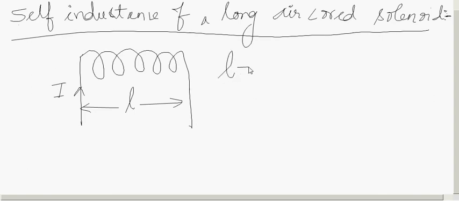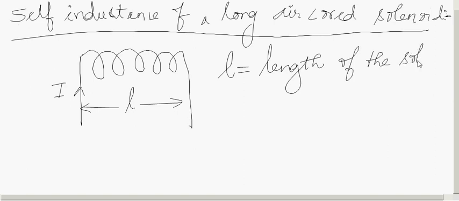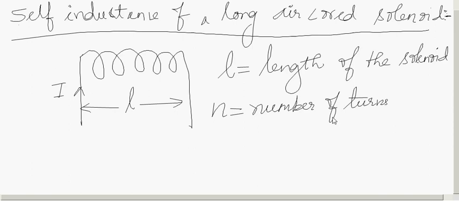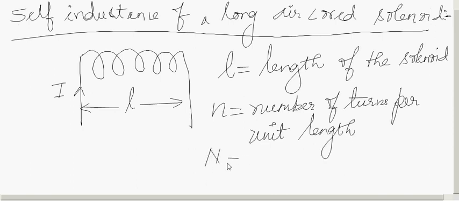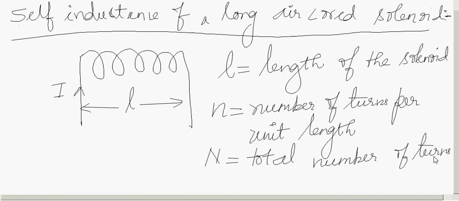L is the length of the solenoid, let small n be the number of turns per unit length, capital N is the total number of turns which the solenoid has, and I is the current through the solenoid.